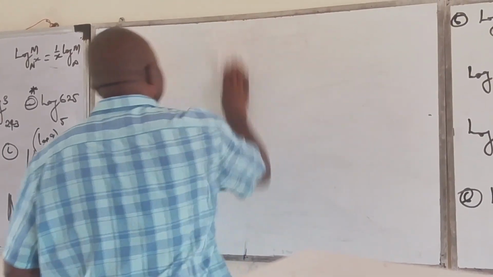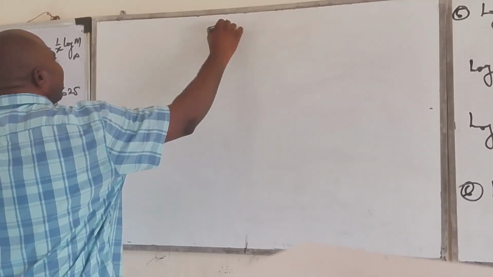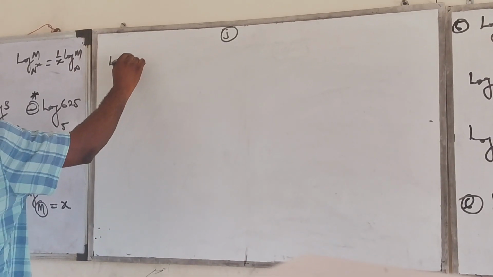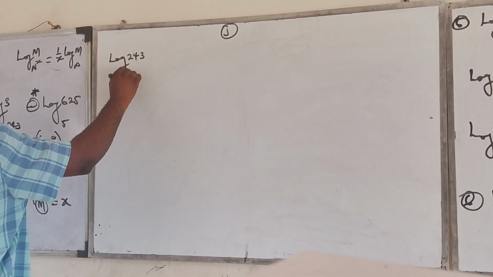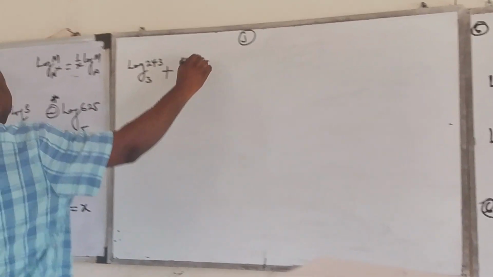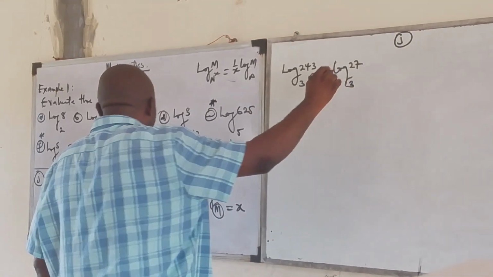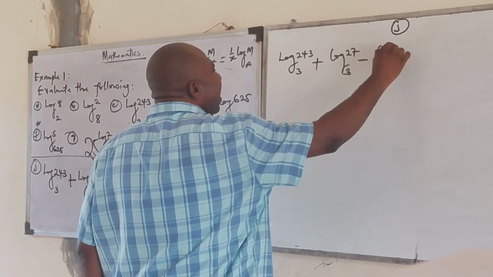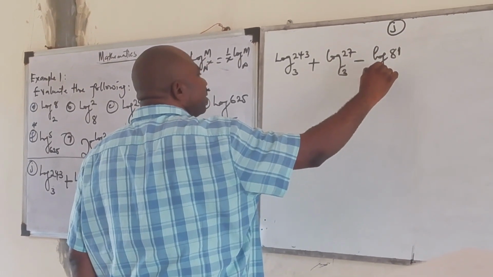Question J. We have log 243 base 3 plus log 27 base 3 minus log 81 base 3.